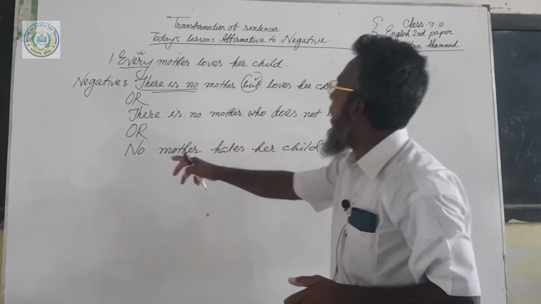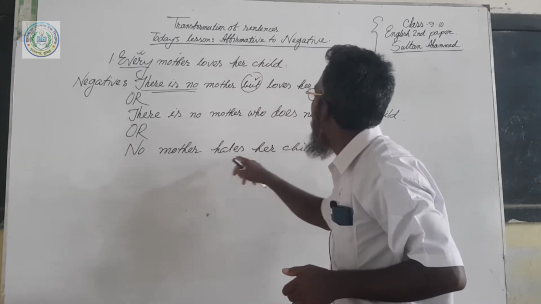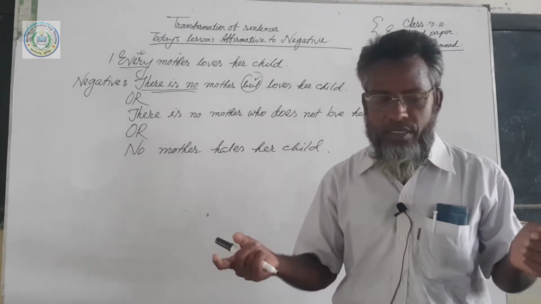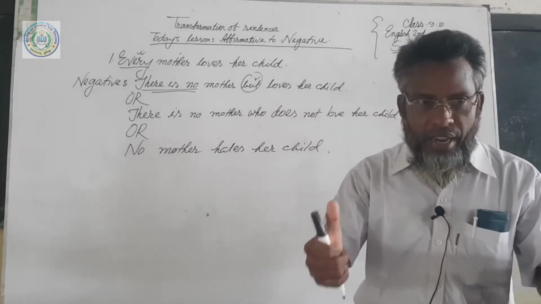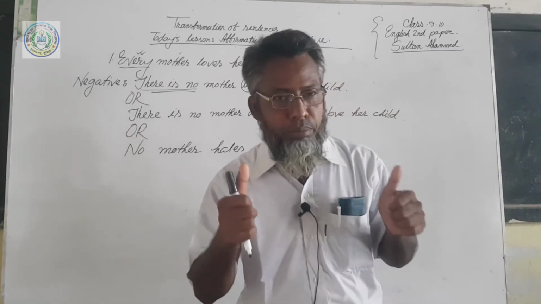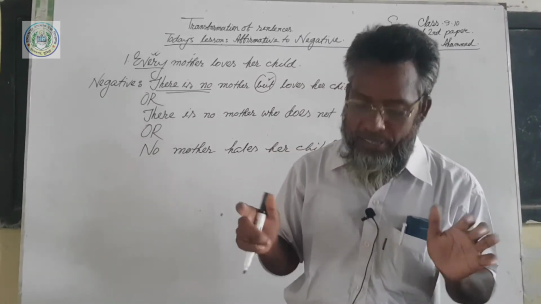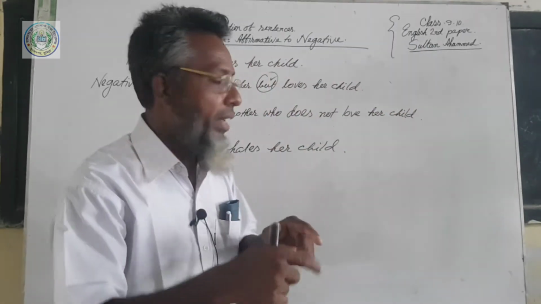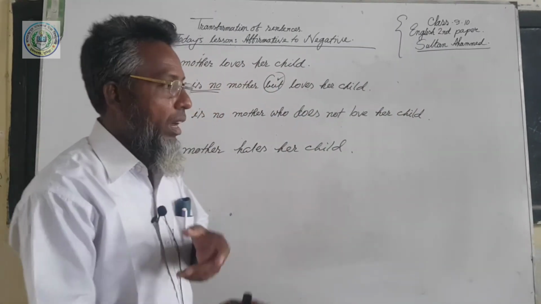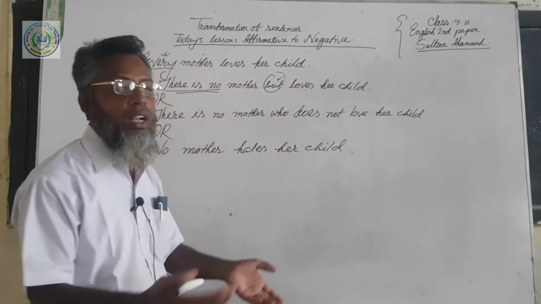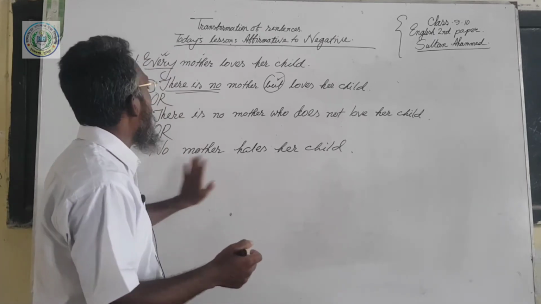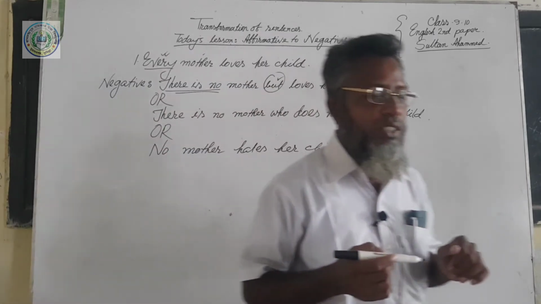Another way, you can write: no mother hates her child. This is a fine, very beautiful and attractive sentence, I think, and you will feel very comfortable. I also feel comfortable writing no mother hates her child.